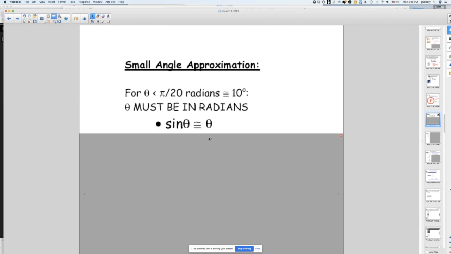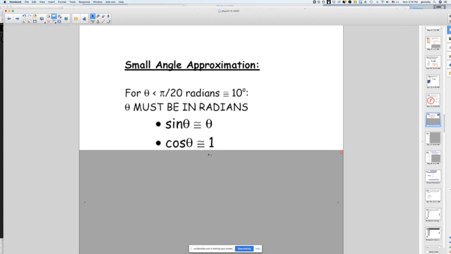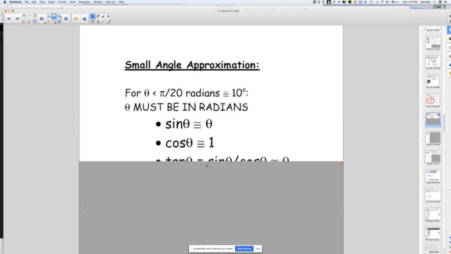For small angles, the sine of the angle in radians equals the angle in radians, or the sine of the angle in degrees equals the angle in radians, approximately. Let's see if that's true. For the same reason, the cosine equals 1. And the tangent, which is sine over cosine, that would be theta divided by 1, so the tangent of any small angle is approximately equal to the angle in radians.